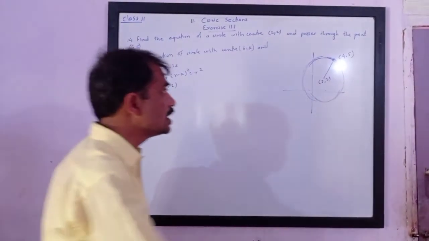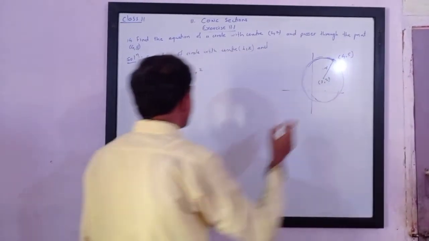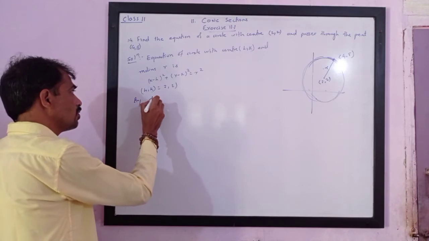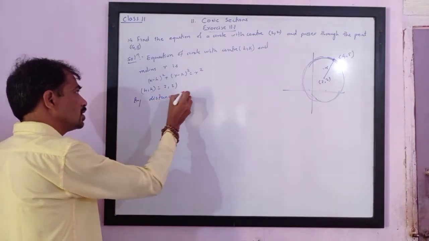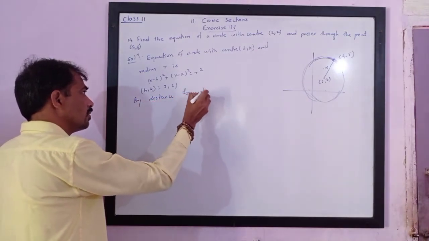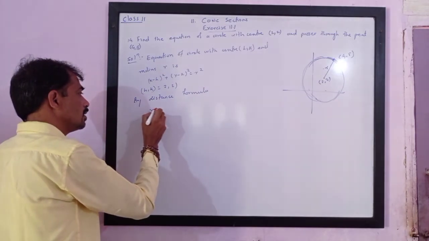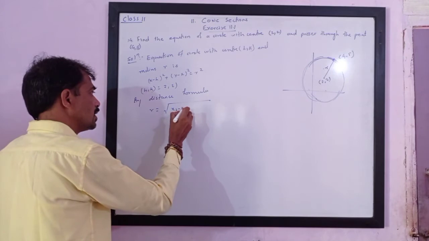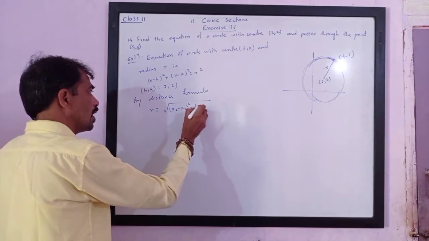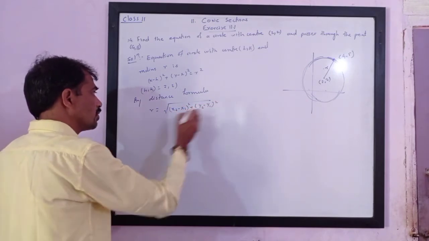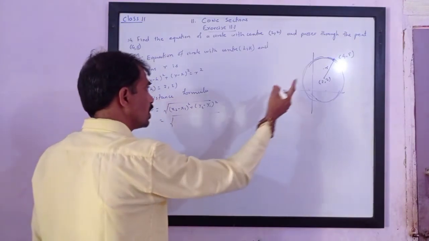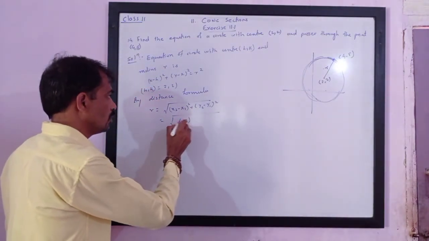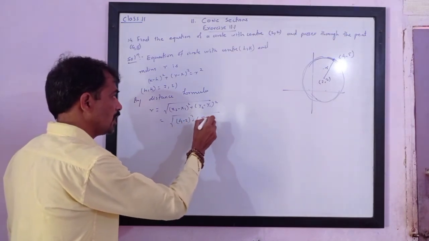So we have radius, by distance formula, is equal to under root (x2 minus x1) whole square plus (y2 minus y1) whole square. So this becomes (4 minus 2) whole square plus (5 minus 2) whole square.